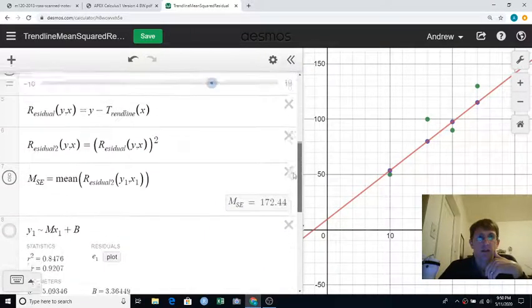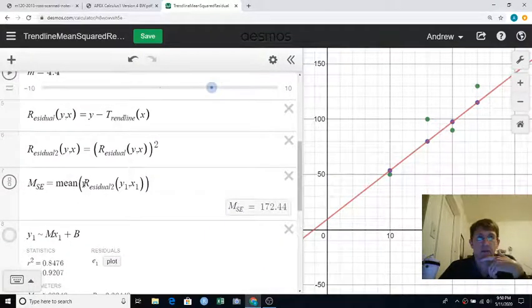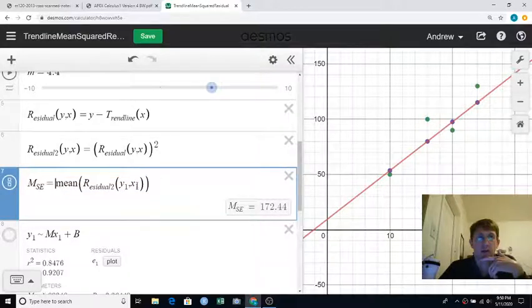So here I'm taking the average, the mean of the squared residuals. So MSE stands for mean squared error here. MSE is a really common term in stats and machine learning and engineering. So the mean of these squared residuals is 172.